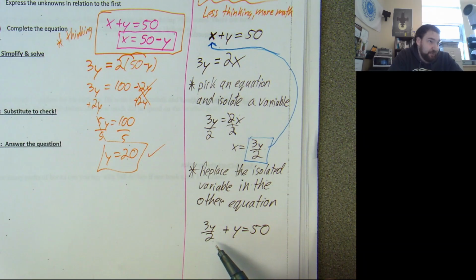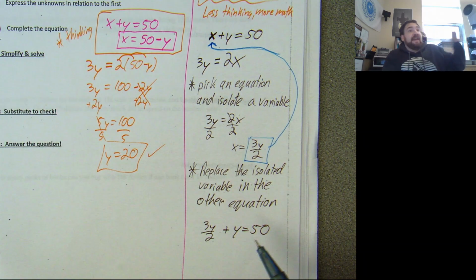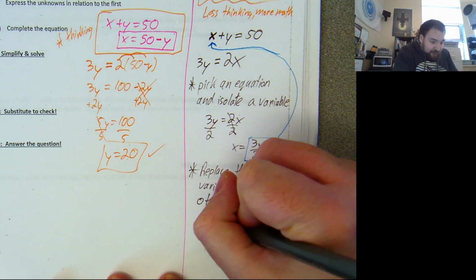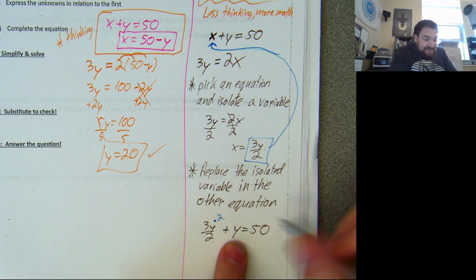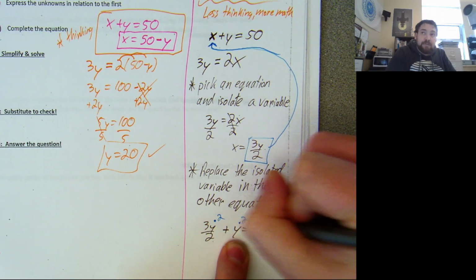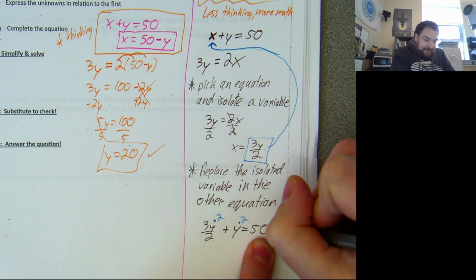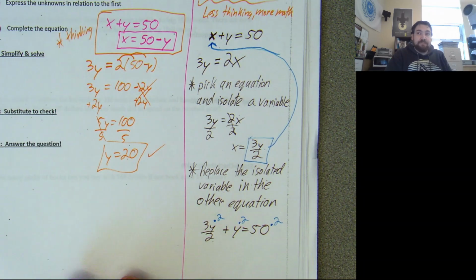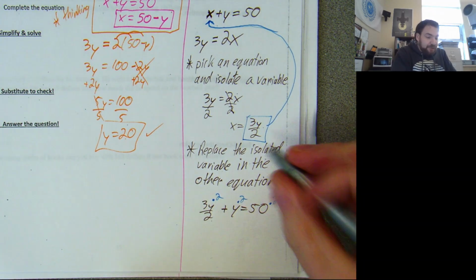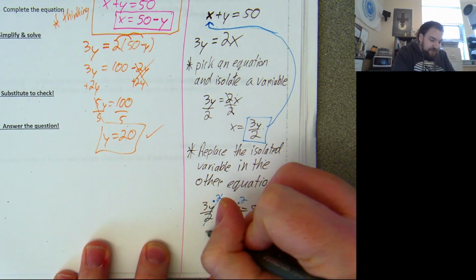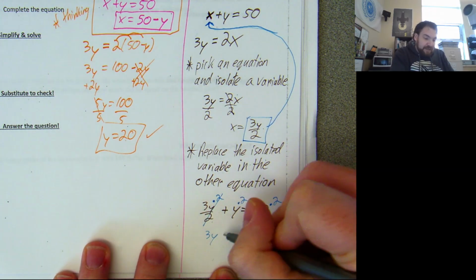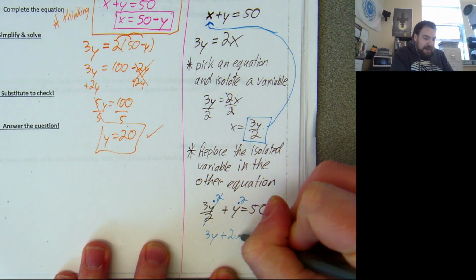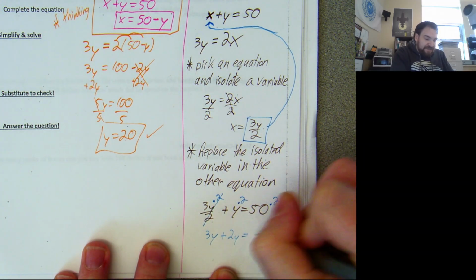Multiply what by 2? Everything. This gets multiplied by 2, this gets multiplied by 2, and this gets multiplied by 2. In the first term, the 2's cancel, leaving us with 3y, plus 2 times y is 2y, equals 50 times 2 is 100.